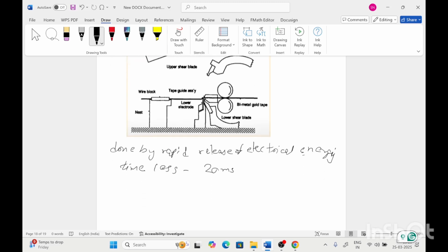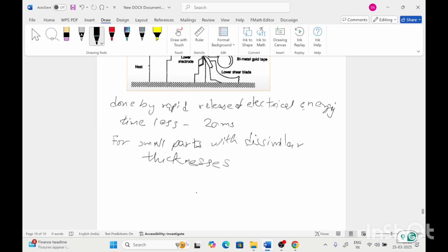This percussion welding is done for small parts with dissimilar thicknesses, or dissimilar metals. Dissimilar metals can also be joined with percussion welding.